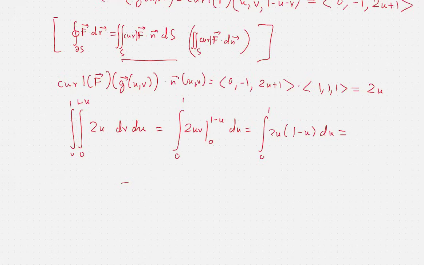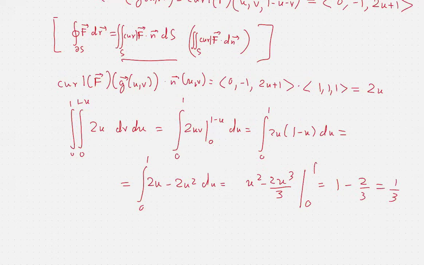So this will give us u squared minus 2u cubed over 3 from 0 to 1, equal to 1 minus 2/3, which gives us 1/3. Let's double check, make sure there is no mistake here. It looks good to me.